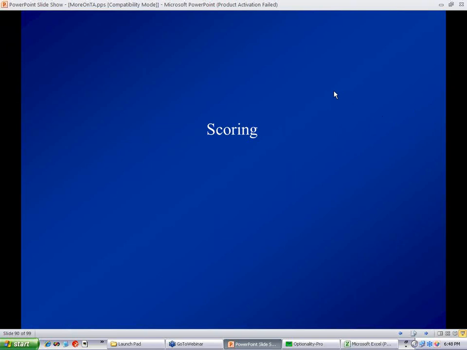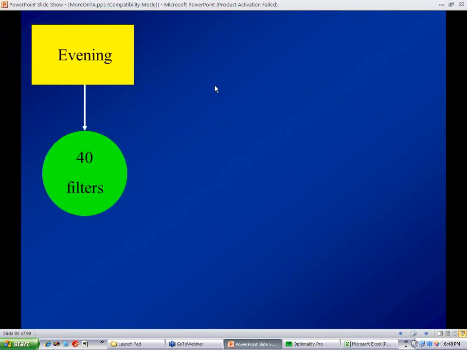Now, the way it scores takes into account the first problem, which is that all stocks are not created equal. Here's what happens. Every single evening, in fact right now as we speak, our servers crank using these 40 filters, and this, by the way, takes hours. There's so much data.